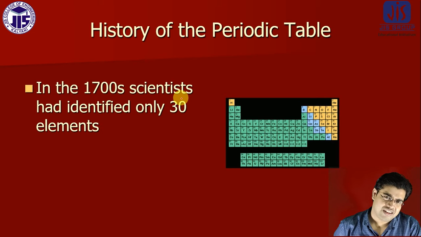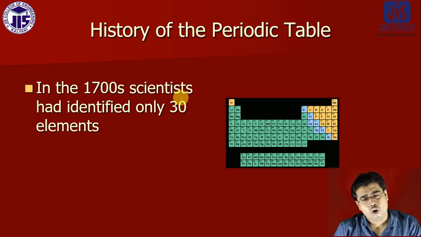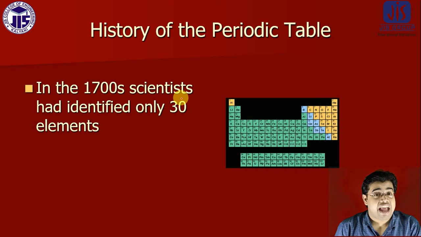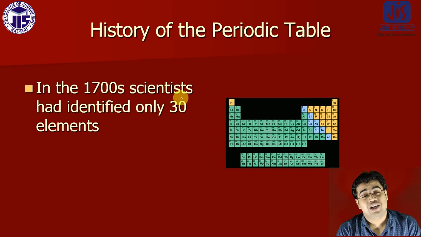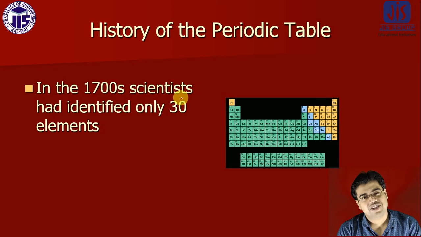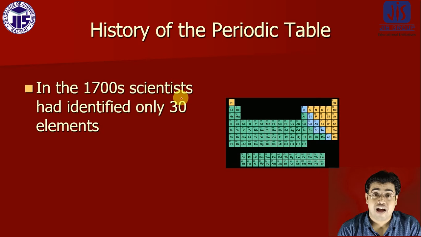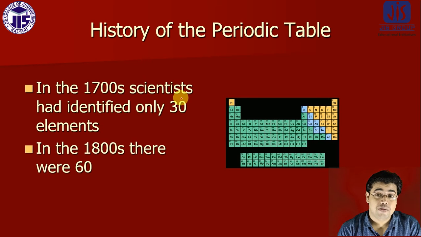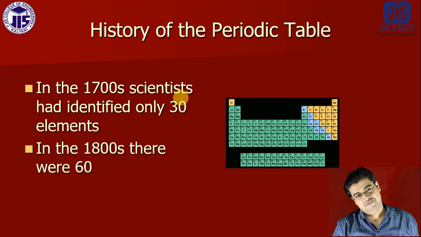Then in the year 1800, the number of elements increased to 60. Now think, with 60 elements, with different properties and different types of phenomena, it was not possible to keep in mind the properties of individual elements. Then scientists tried to develop an arrangement by which the properties of the elements would be easier to keep in mind.